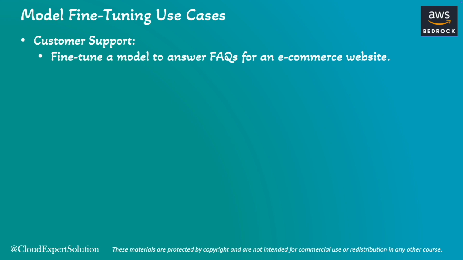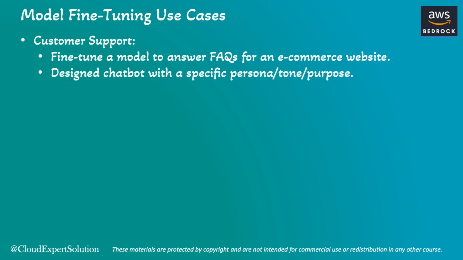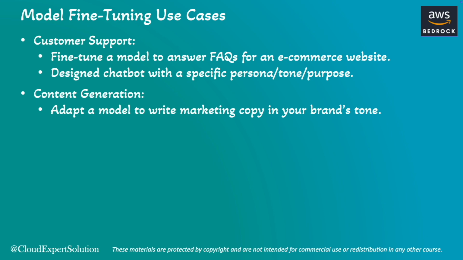For example, in customer support, you can fine-tune a model to answer FAQs for your e-commerce website. You can also design a chatbot with a particular persona or tone or geared towards a specific purpose. As an example, you can create one to assist customers or maybe craft advertisements for you. In terms of marketing, you can train a model to write content in your brand's voice.